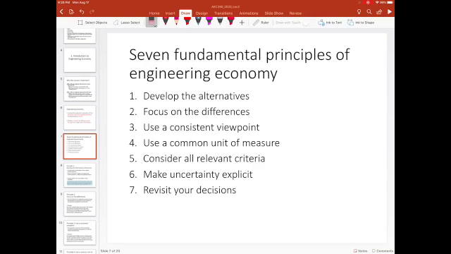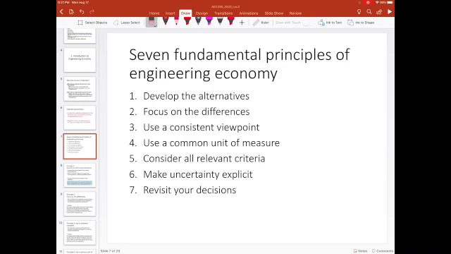And the second, focus on the differences. We're going to talk about the details of each one later. The third one is use a consistent viewpoint. Viewpoint means who is looking at the problem, who is the customer, who is the one we want to benefit from making a decision. That's the viewpoint, or we say perspective.